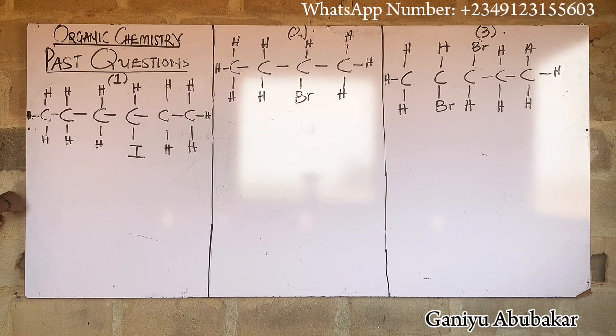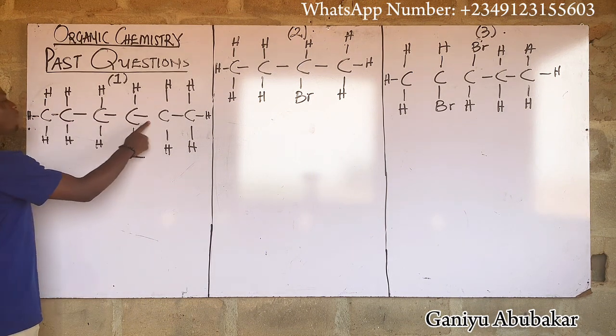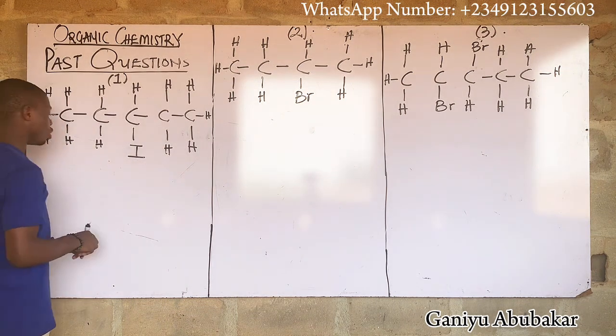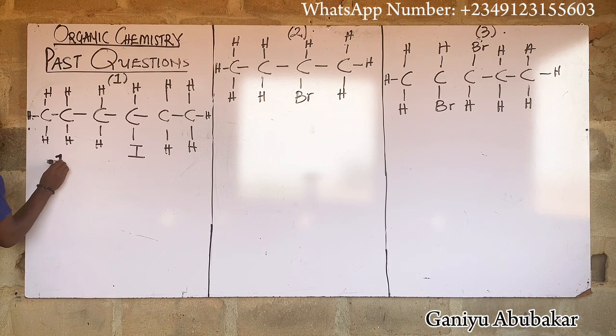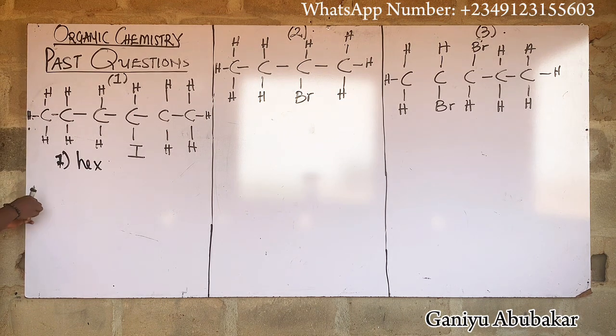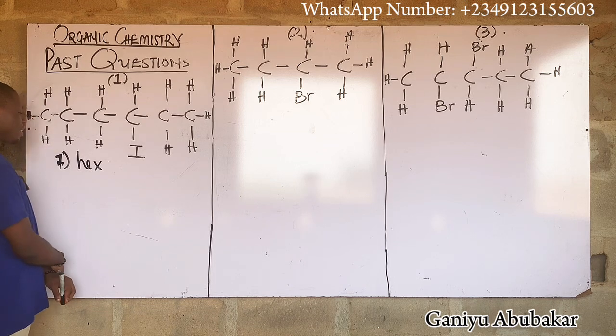What's my longest continuous carbon chain here? I have 1, 2, 3, 4, 5, 6. 6 is my longest continuous carbon chain. So for 6 we call it what? Hex, right? 6 is hex.